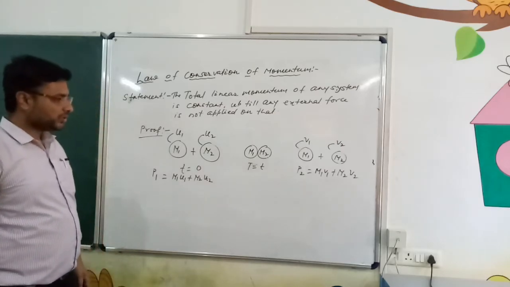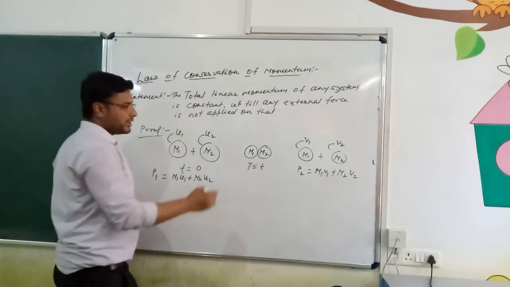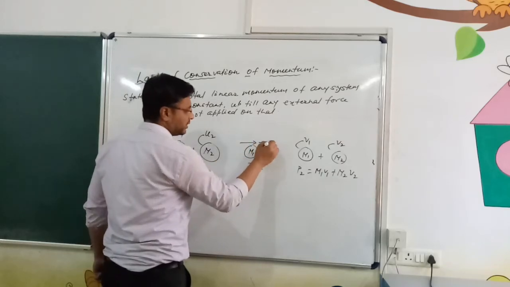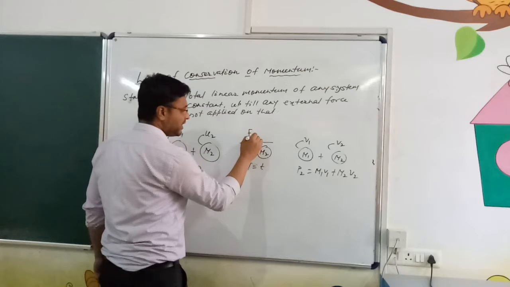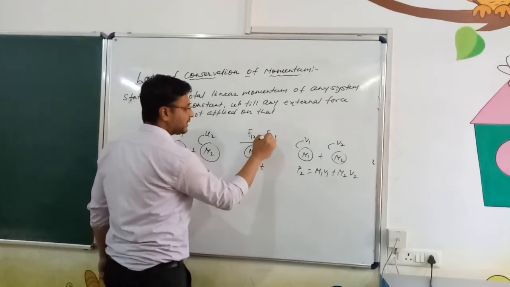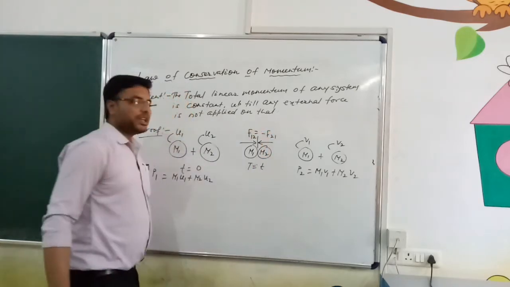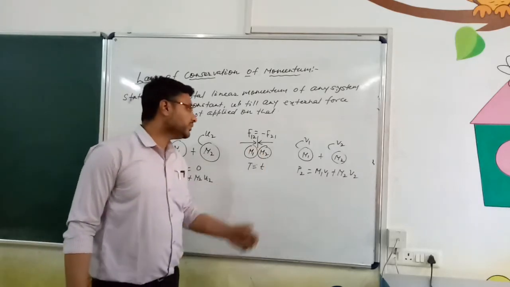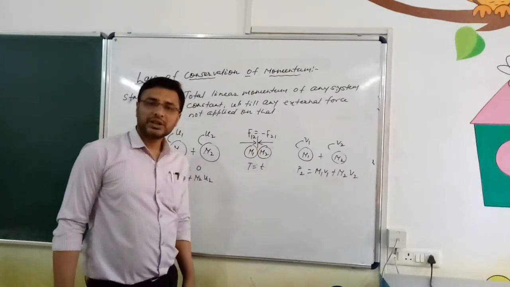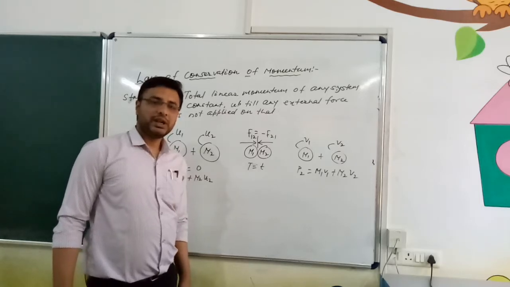As we know from Newton's third law of motion, here we have a collision, and if we have a collision there is an action-reaction force. Both forces are equal in magnitude and opposite in direction.